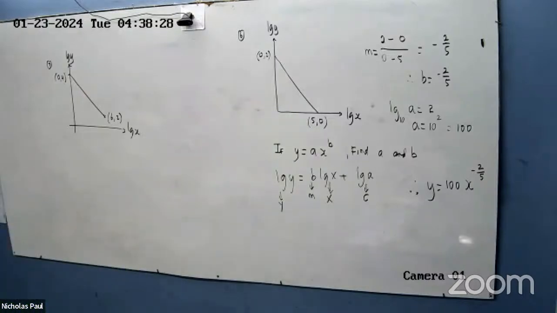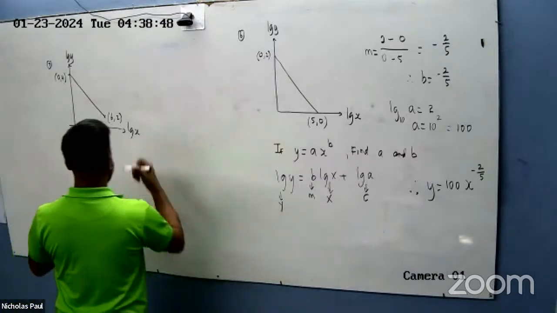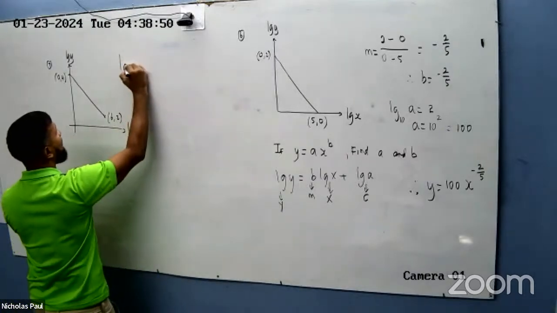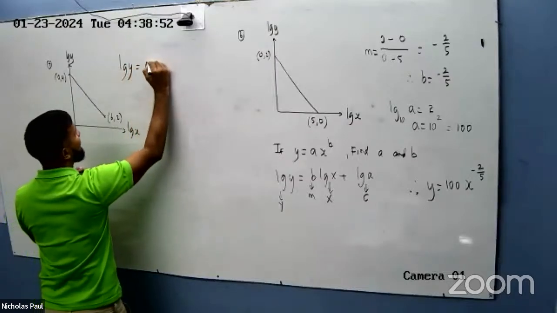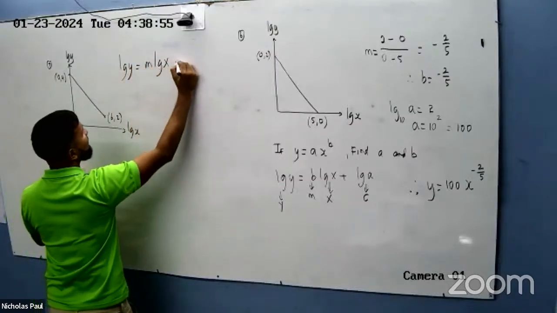So there you go. The equation should be y is equal to something, as I gave it to you there. All right, that's good. You all figured out up until here: log y is equal to m log x plus c.